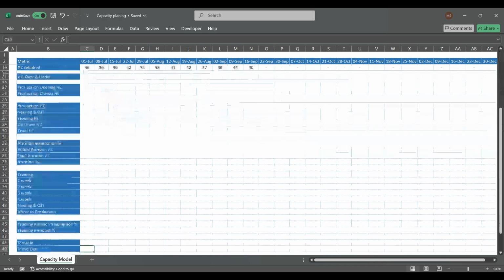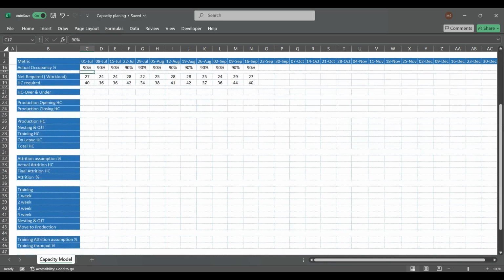So let's suppose we will start from this. Now we have started with 39 opening headcount, and as of now we have closing headcount. After that we will add a few things in closing headcount. As of now we have considered the same.